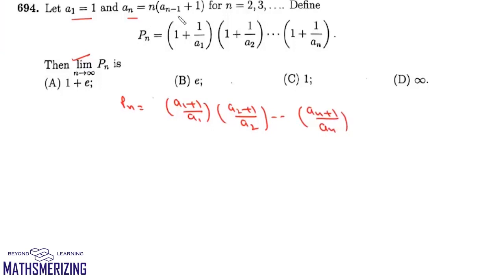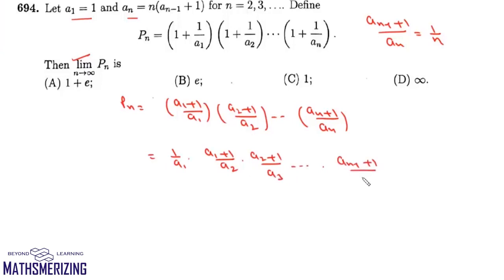Now from this recurrence relation we can say that an minus 1 plus 1 upon an is equal to 1 upon n. So we can write this as 1 upon a1 and then a1 plus 1 upon a2 into a2 plus 1 upon a3, and it goes all the way up to an minus 1 plus 1 upon an into an plus 1.